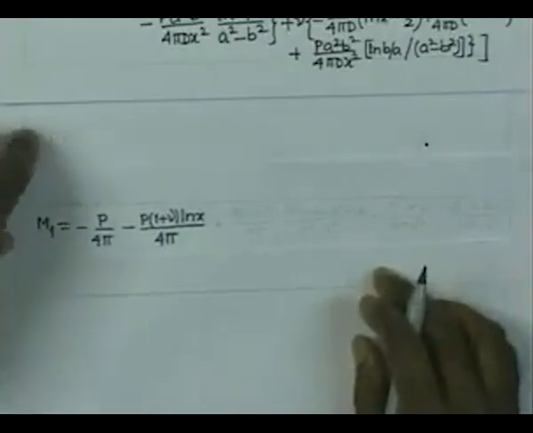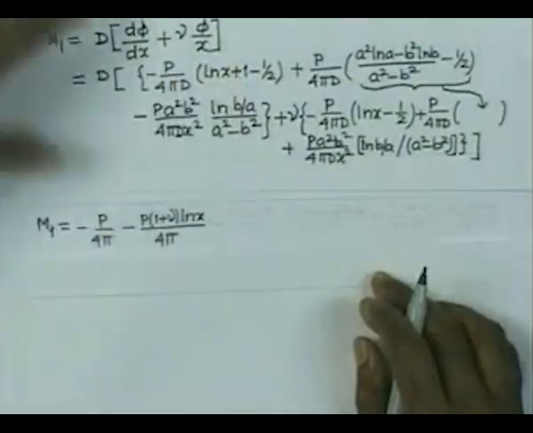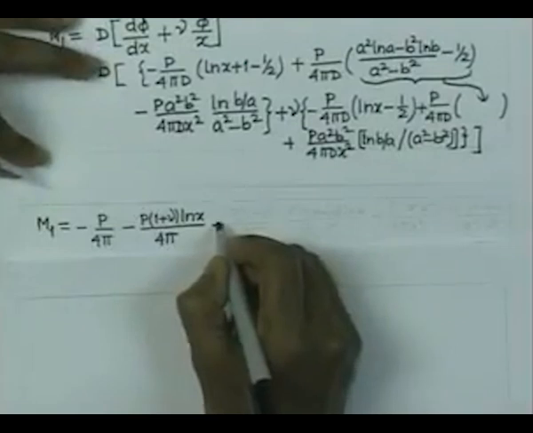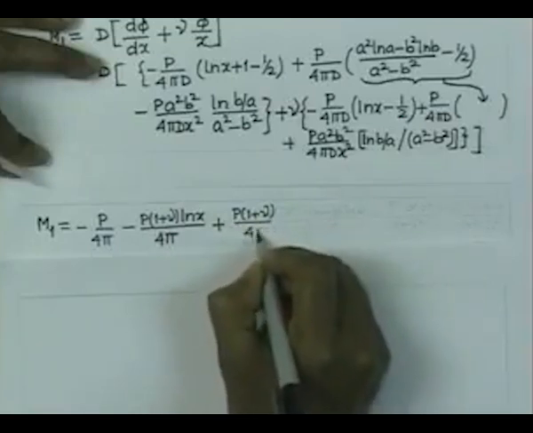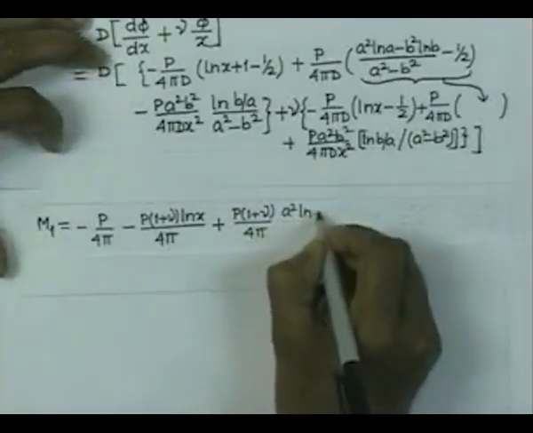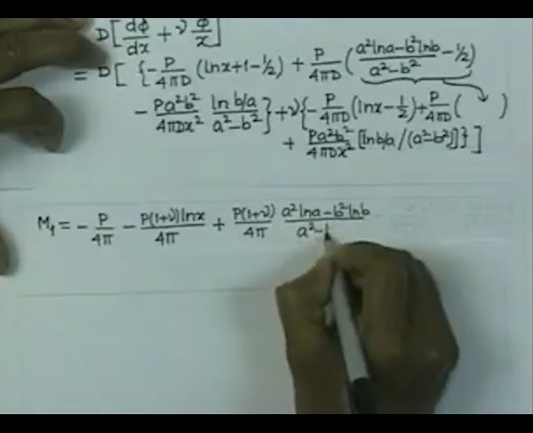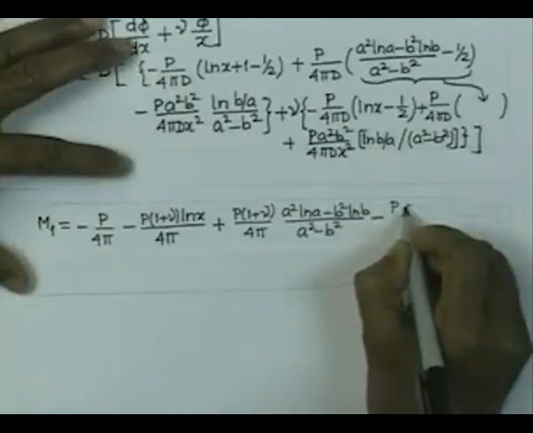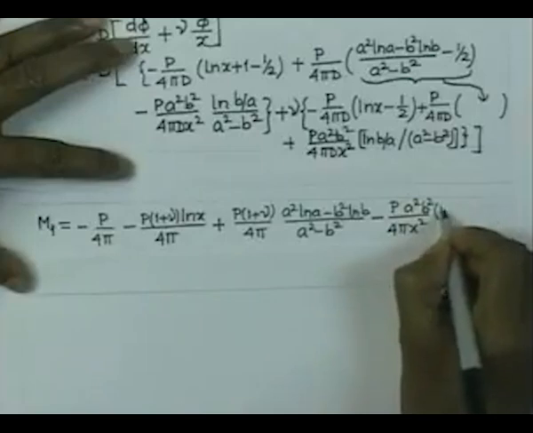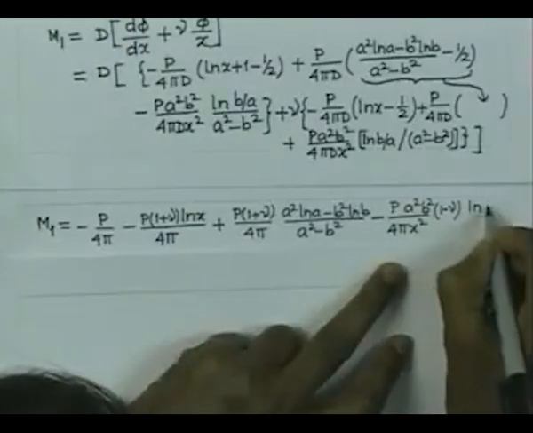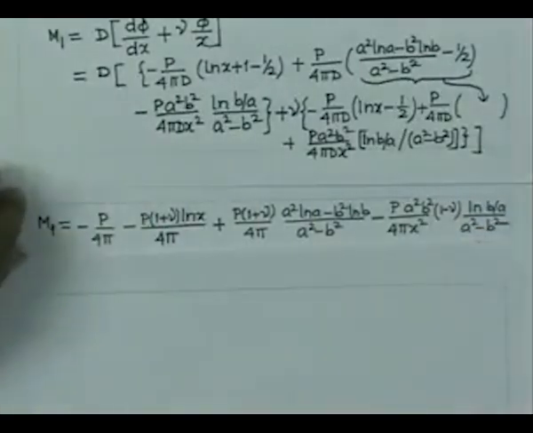So, that is the term which we get starting from the term here, that one we can take out, and then p into 1 plus nu by 4 pi a square ln a minus b square ln b by a square minus b square minus p a square b square by 4 pi x square 1 minus nu ln b by a square minus b square. So, this is the expression for m1.